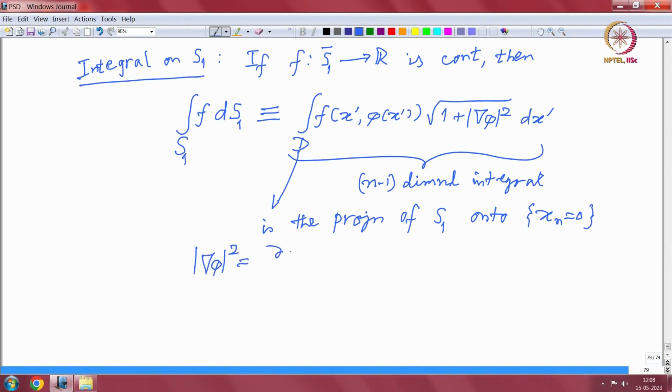Just remember this and compare it with your line integral. This is just an extension of that.